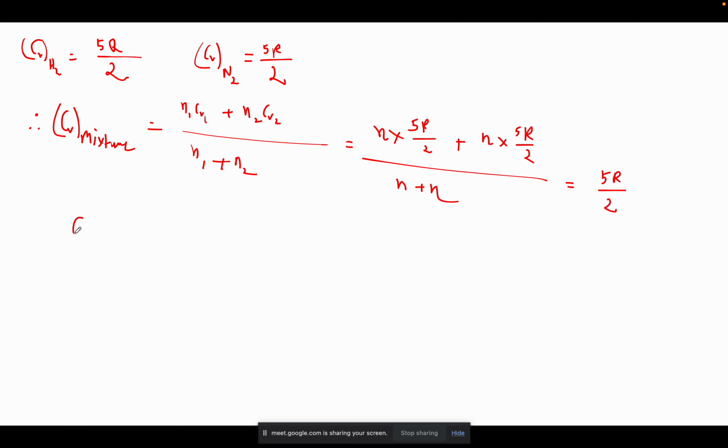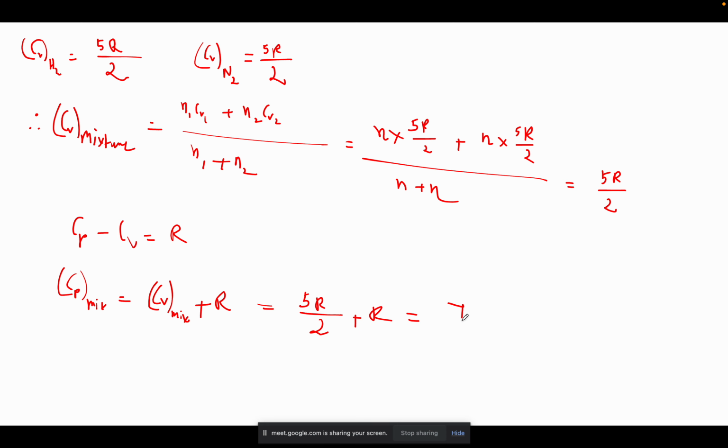So for an ideal gas we know that Cp minus Cv is equal to R. So from here I can write Cp of the mixture is nothing but Cv of the mixture plus R. So what is the Cv of the mixture? 5R by 2 plus R. So I think this will be 7R by 2.